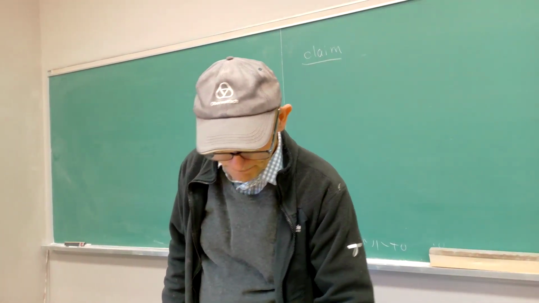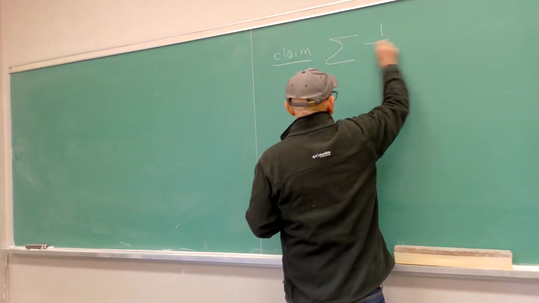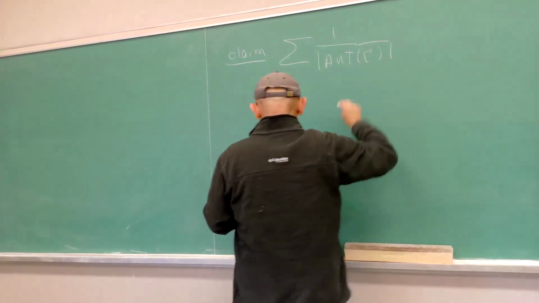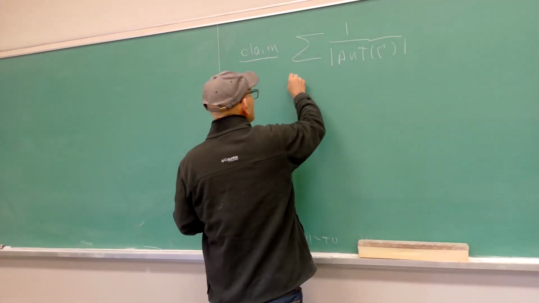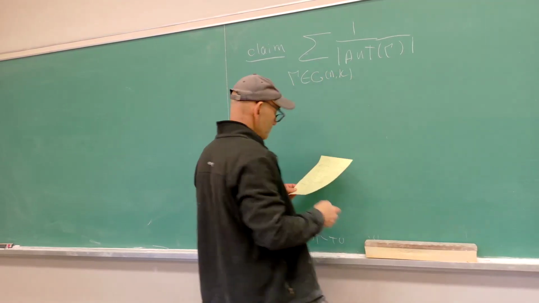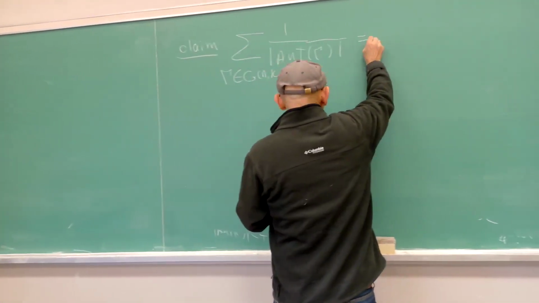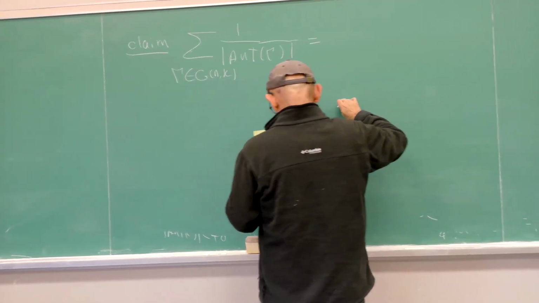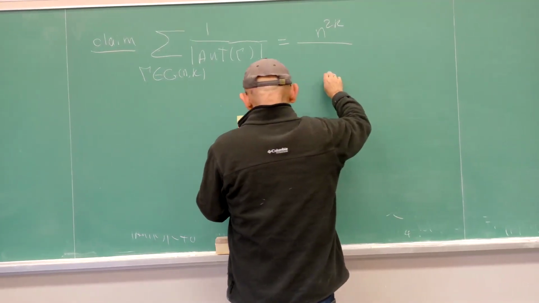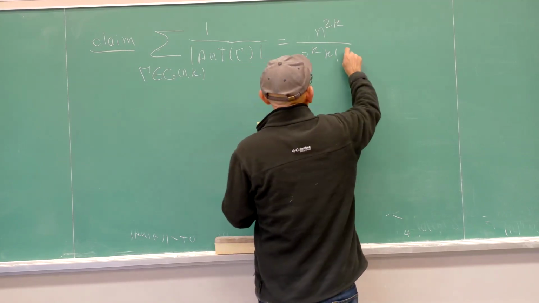So the sum of one over the order of the automorphisms of gamma, where gamma belongs to G(n,k), is equal to n to the power 2k over 2 to the power k, k factorial, n factorial.